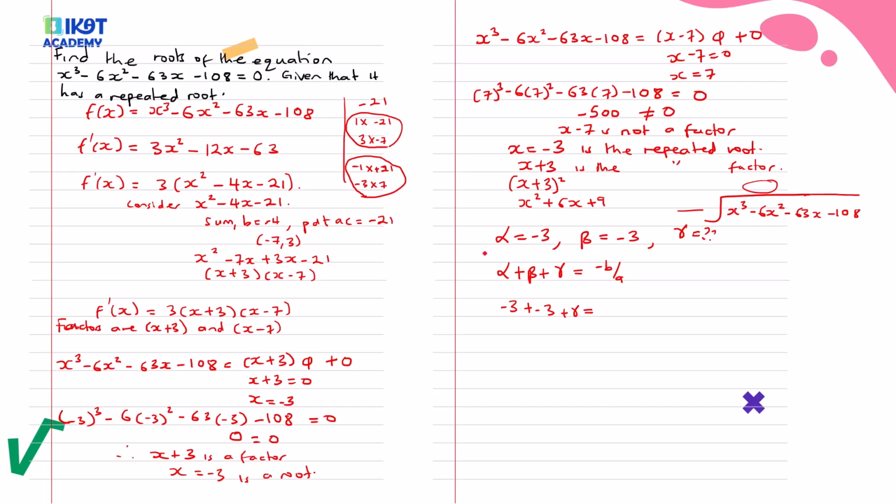What is our b? Negative 6, so this is negative of negative 6, and a is already 1, so this equals 6. So gamma is 12. This is the third root. Someone who goes the other way will still find the third root as 12. Here I just wanted to give us another alternative.